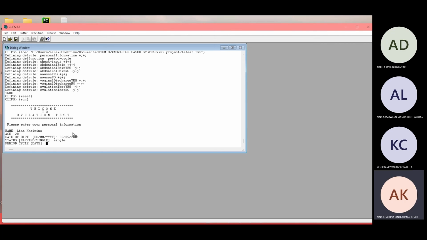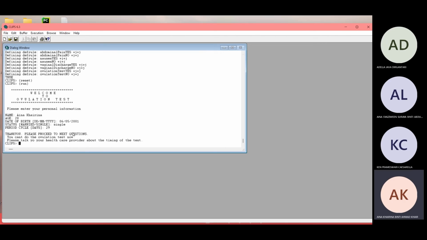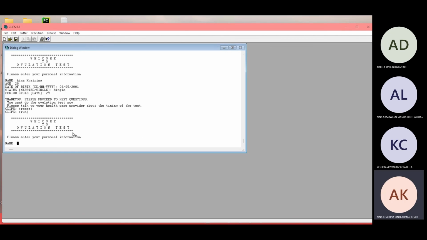So here I will enter more than 28 days. So it will say that I cannot do the ovulation test right now. So I will enter another input.